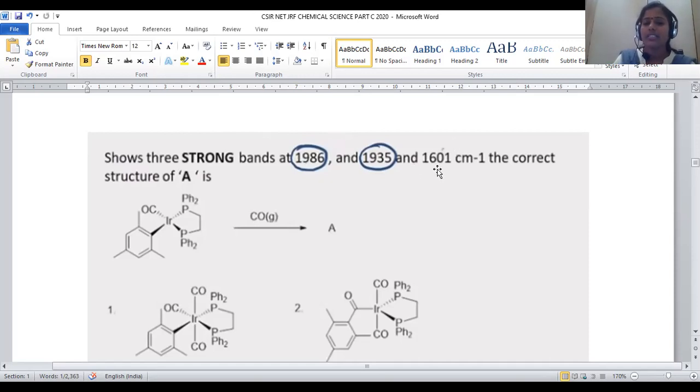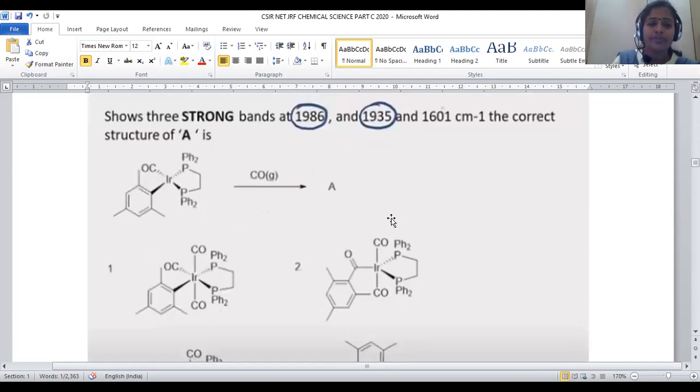So all these peaks correspond to carbonyl groups only. It is very clear that 1986, 1935, 1601, these 3 signals are assigned to carbonyl groups only, but based on the surrounding environment, the carbonyl group position or structure will be different. So we have to elucidate what the compound will be here.